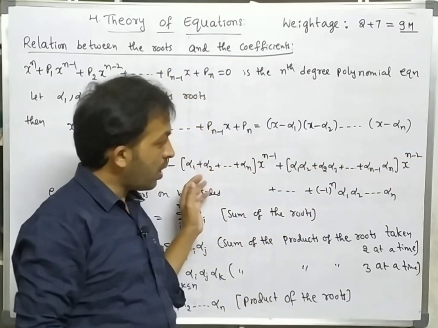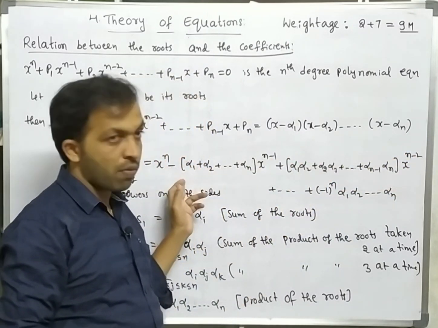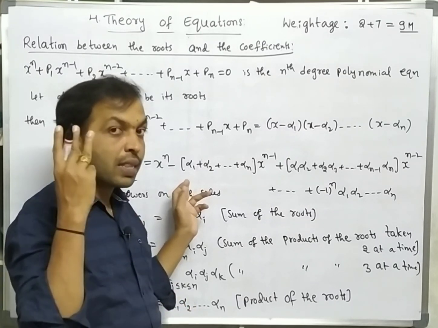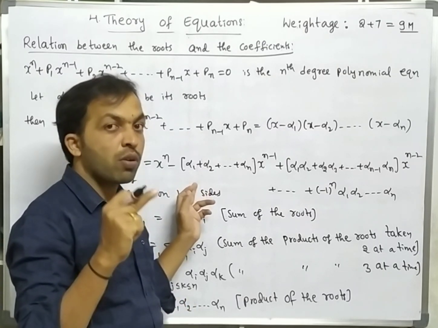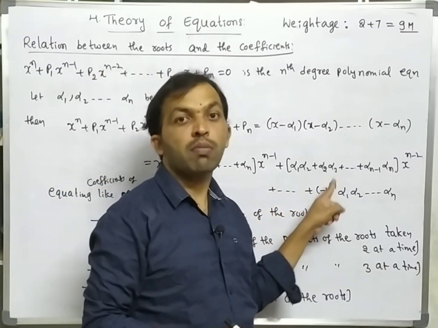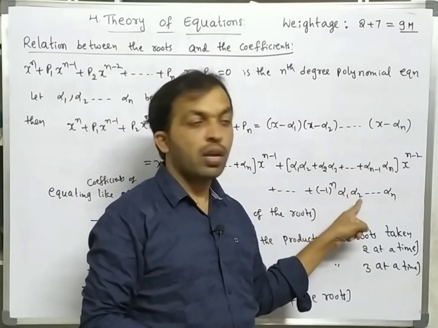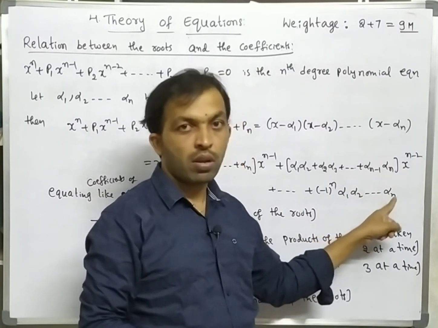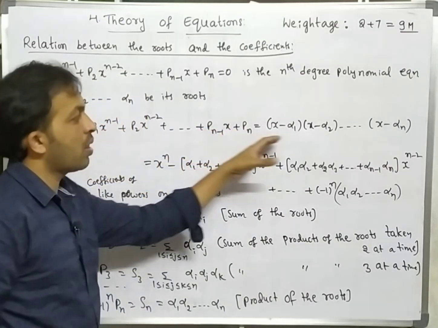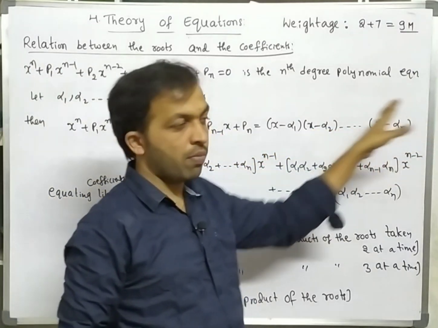The next term is minus the sum of the product of the roots taken 3 at a time, alpha 1 alpha 2 alpha 3 plus so on. The final term is minus 1 to the power of n into alpha 1 alpha 2 so on alpha n, which is the product of all the roots.